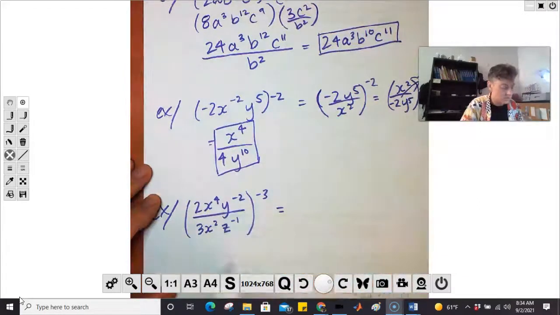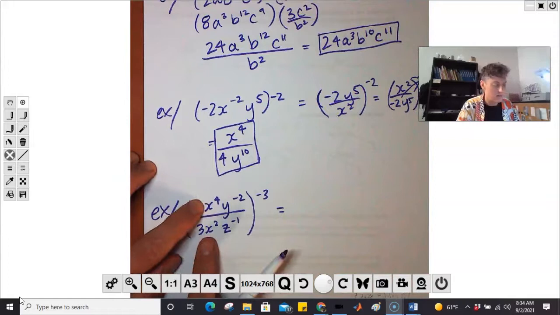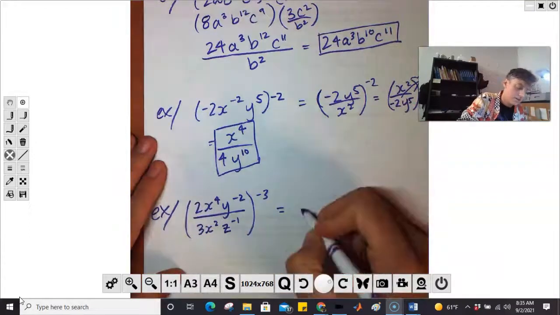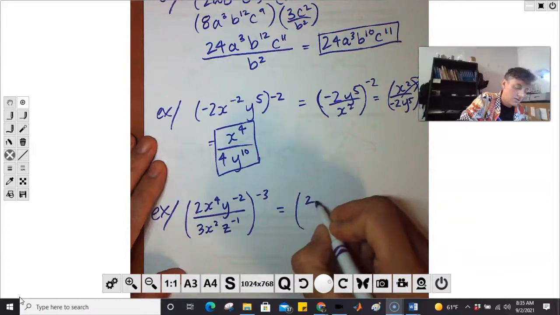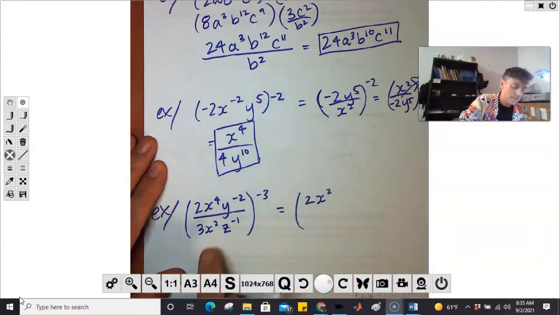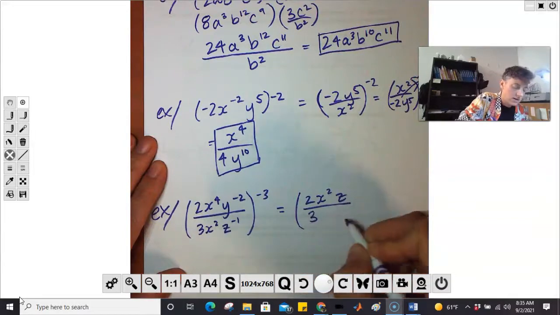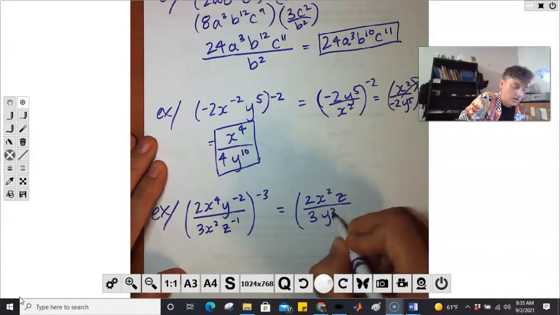Also, what do I see? X to the 4th and x squared. I can simplify that in here too. This means we're subtracting. So 4 minus 2 is going to be 2 on the top. Let's do that. So we'll have x squared on the top, z to the positive 1, 3 in the denominator, and y squared.